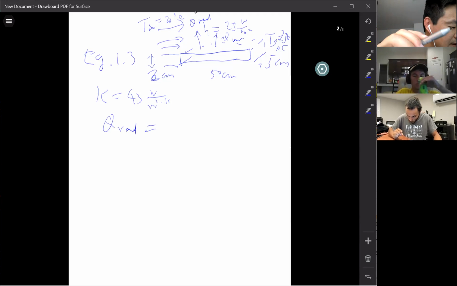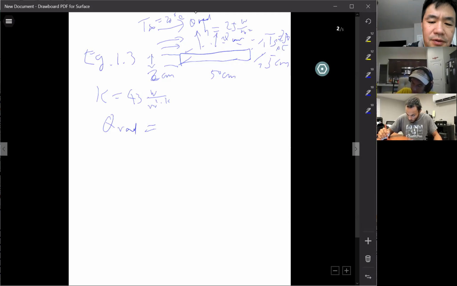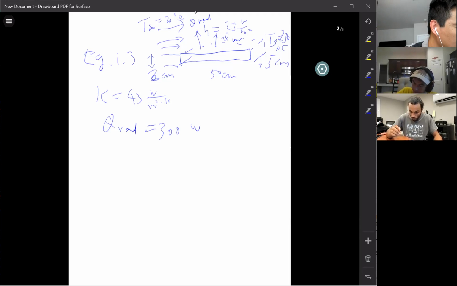The radiation heat transfer rate is 300 watts. 300 watts of heat is lost through the surface by radiation. The k is 43 watts per meter K.